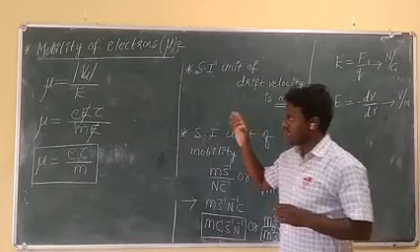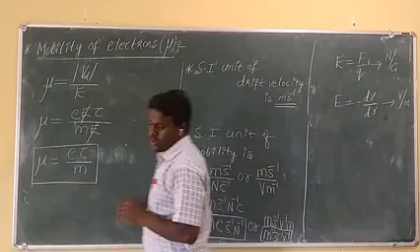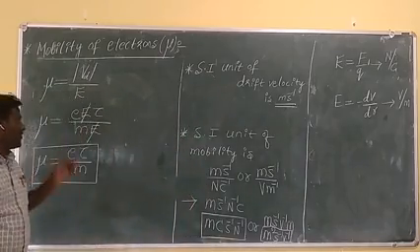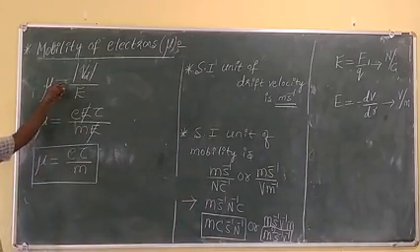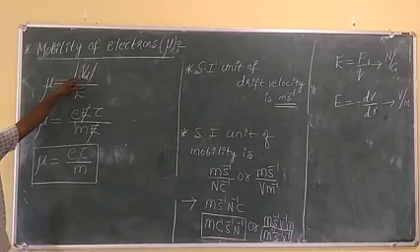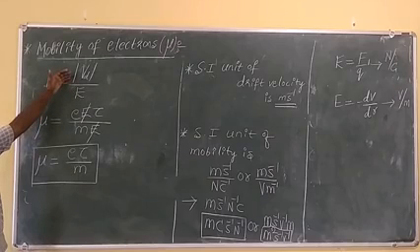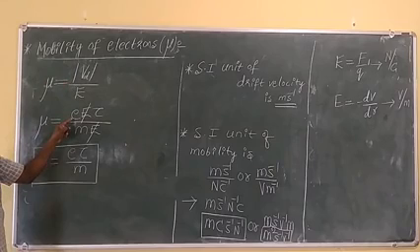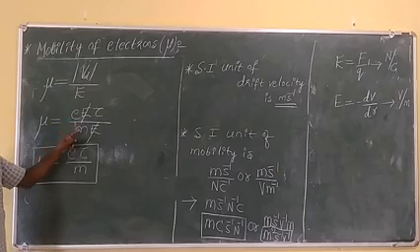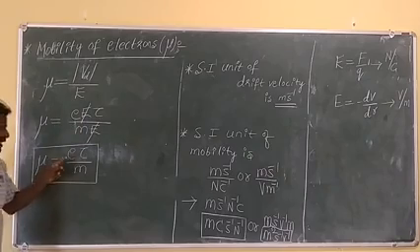Mobility of charge carriers or mobility of electrons is defined as the ratio of the magnitude of the drift velocity to the electric field. I considered the formula for drift velocity with positive sign, eEτ by m, divided by E. E cancels, so mu equals eτ by m.